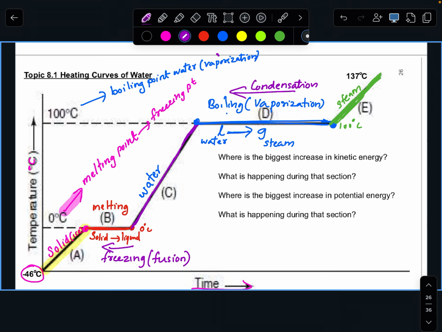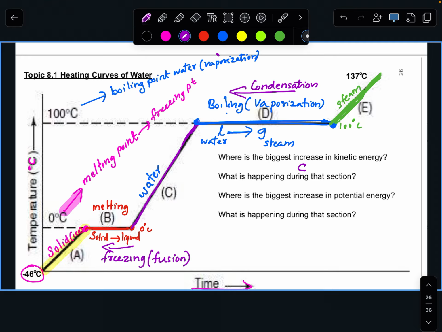Okay, so now we are going to answer a few questions on this. You can see it is labeled A, B, C, D, E. Where is the biggest increase in kinetic energy happening? C. Okay, because that line is longer, right?